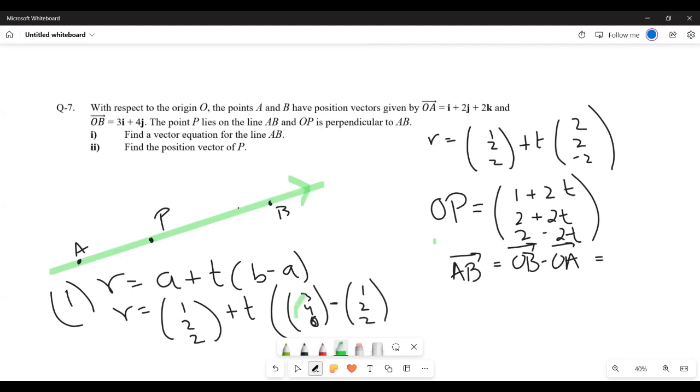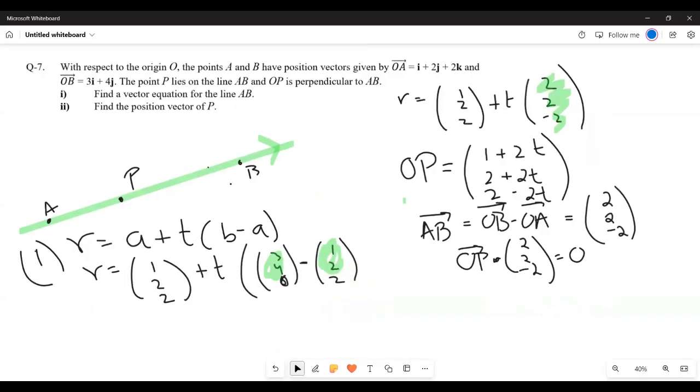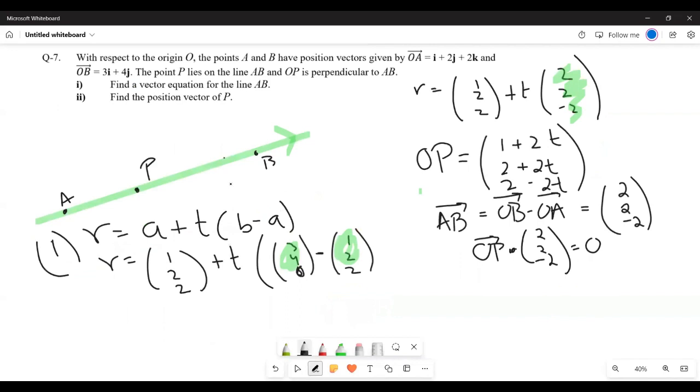This we did, OB minus OA, which gave us this 2, 2, minus 2. Okay, so now we have to find the dot product of OP and this vector 2, 2, minus 2, and it should be equal to 0. And from here, find the value of t and substitute it in OP. That will give you the position vector of P.